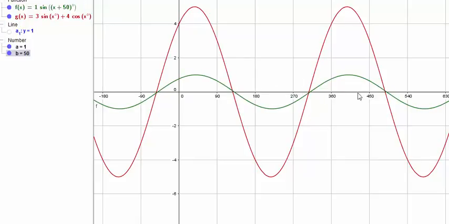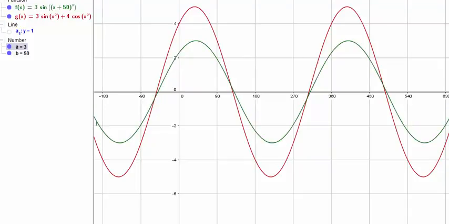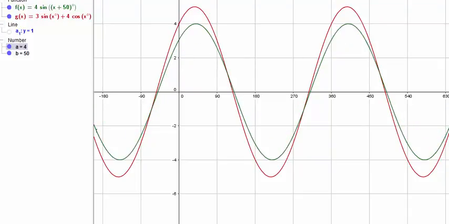They do coincide. Now the difference between the two graphs is just going to be the depth of these troughs here, which we call the amplitude of the two graphs. Now if I change the amplitude of the green graph, is it possible to make it look like the red one? Let's have a look. You can see it's getting closer and closer to the red one.